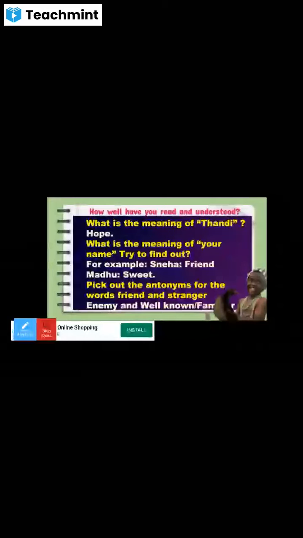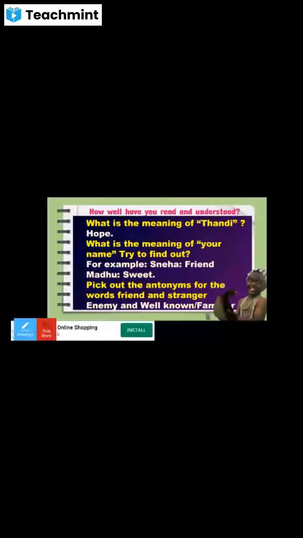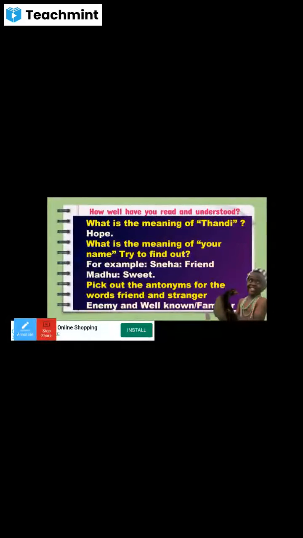You already know friend, and stranger means unknown persons. Now you write the opposite words of friend and stranger, the antonyms.